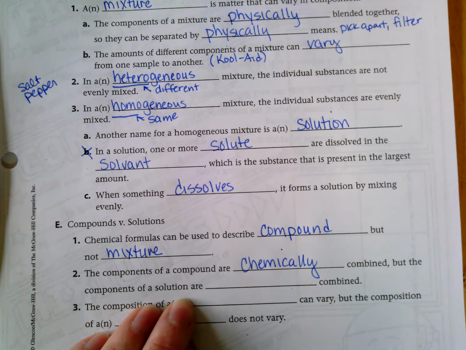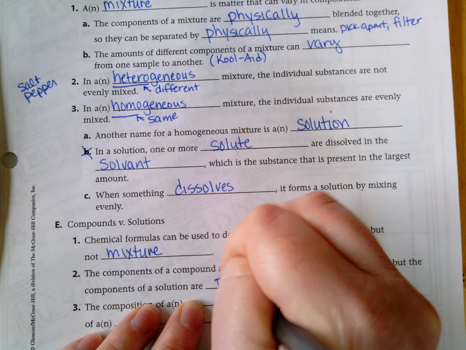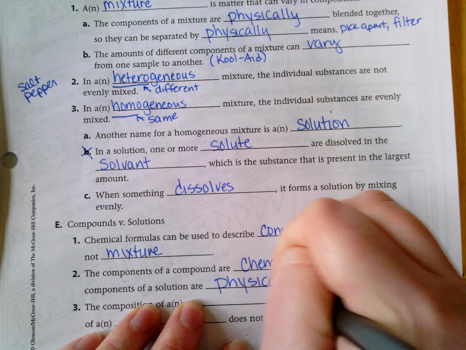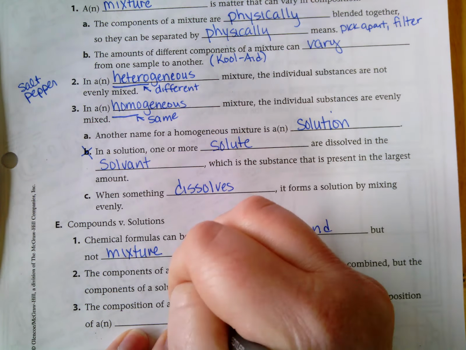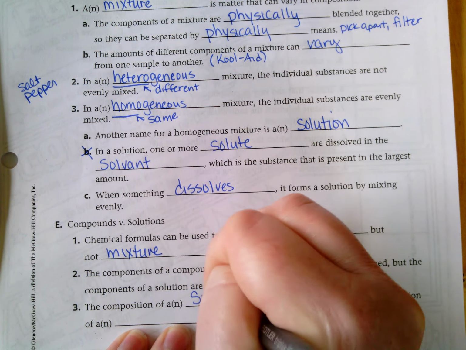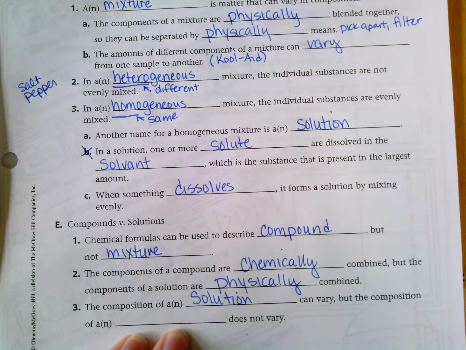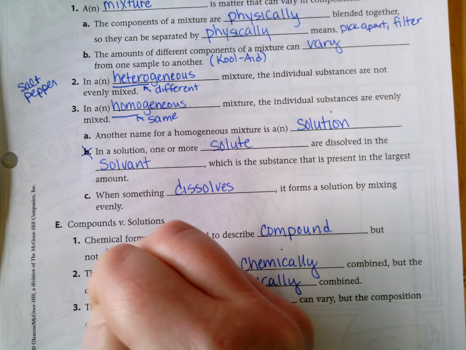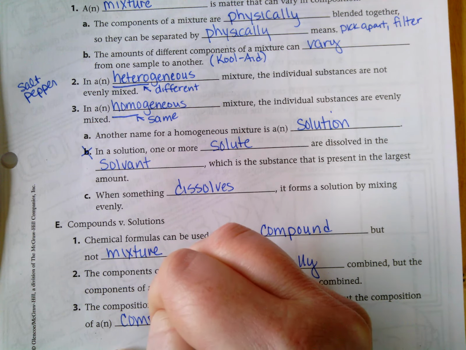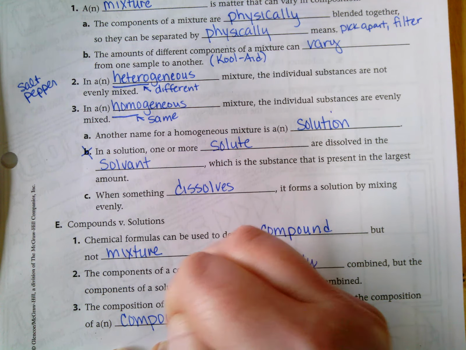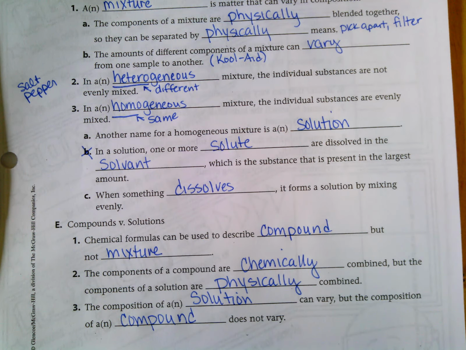But the components of a solution are physically combined, so I can separate them without changing what I have. The composition of a solution can vary, like Kool-Aid, but the composition of a compound is always the same. So salt and sugar are always made of exactly the same things in the same parts.